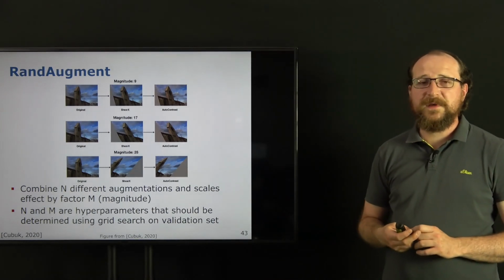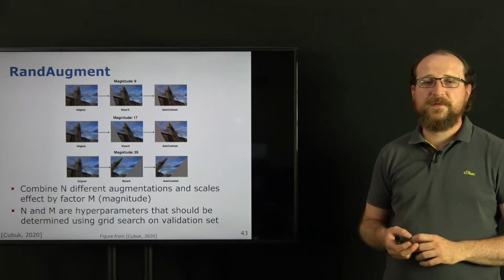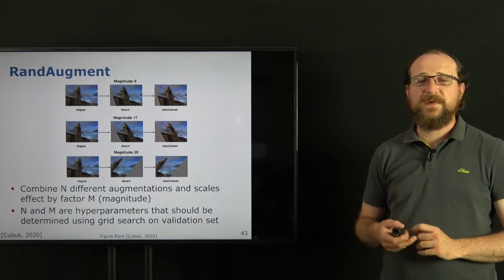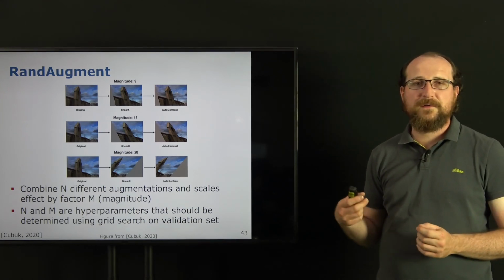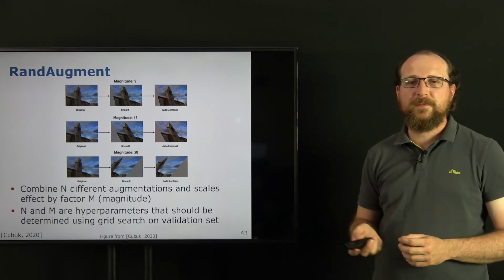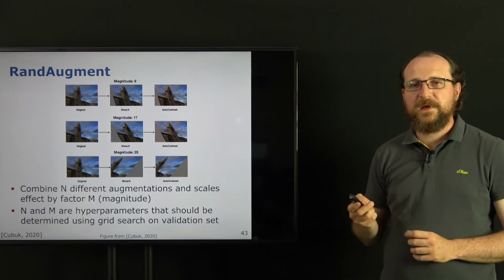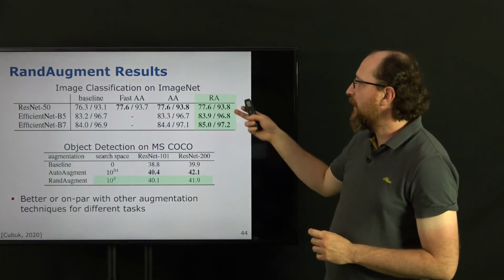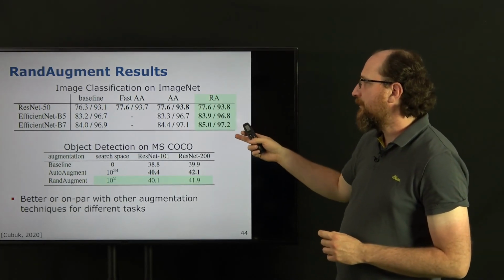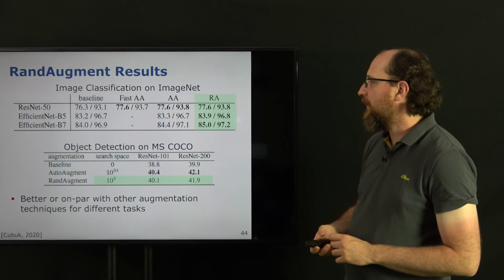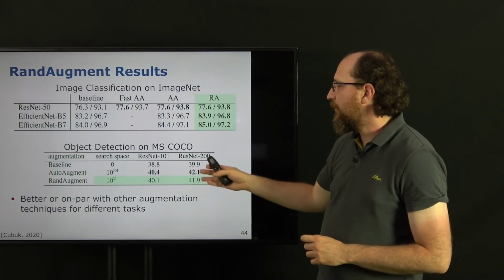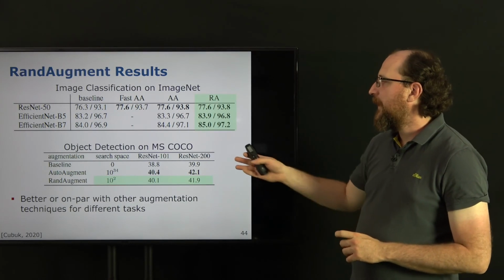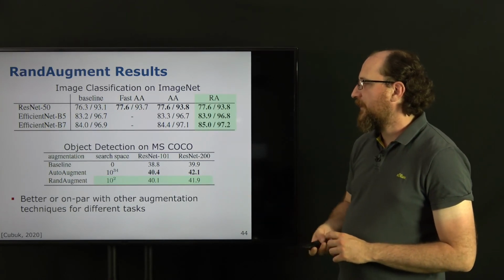And these parameters, of how many augmentations you use and how much you change the images, are a hyperparameter that you have to determine for the specific data. In the interesting cases, when you're doing this RandAugment, you get improved performance on the test set in the end, but you can also apply it to other tasks like object detection.